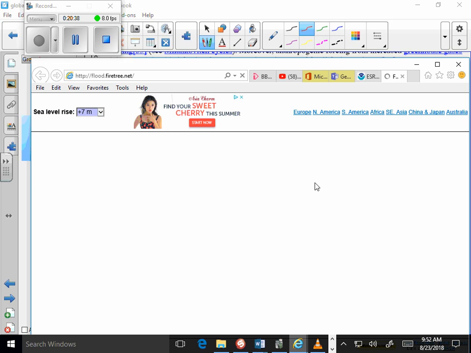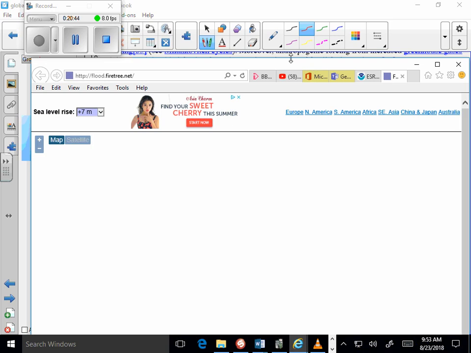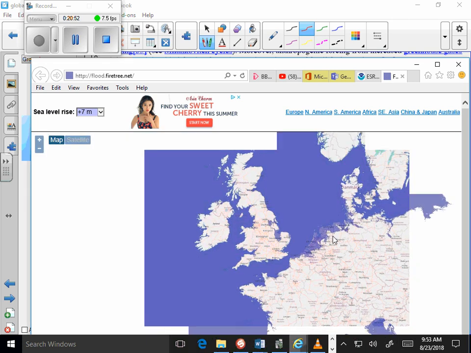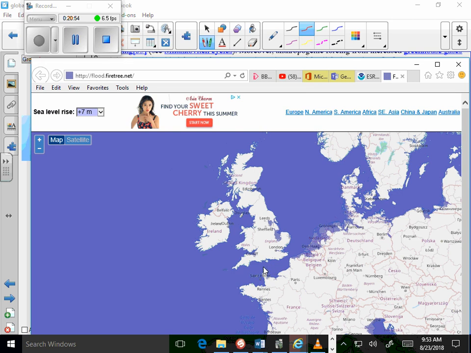What is Venice? Well, certainly Venice is an interesting place to build your city. But yeah, Miami's having a problem with, oh, sorry, so all this purple stuff is underwater now. But that's 7 meters. That's like our worst, all the ice melts scenario. But more conservative, we will go with 1 meter.